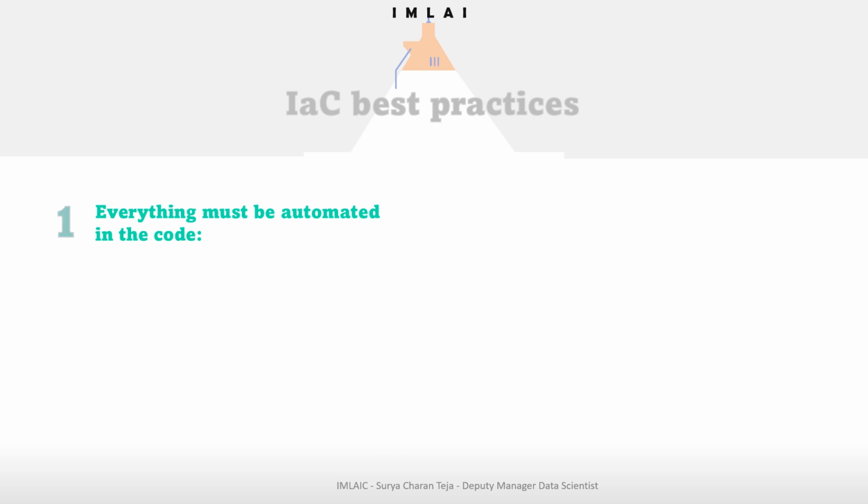When doing IaC, it is necessary to code and automate all of the provisioning steps and not to leave manual steps out of code that distort the automation of the infrastructure and that can generate errors.